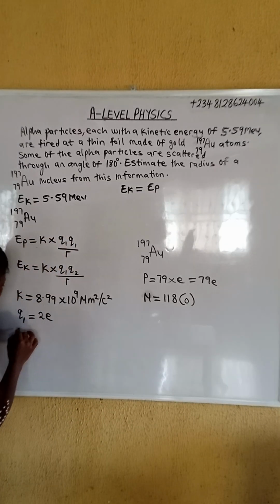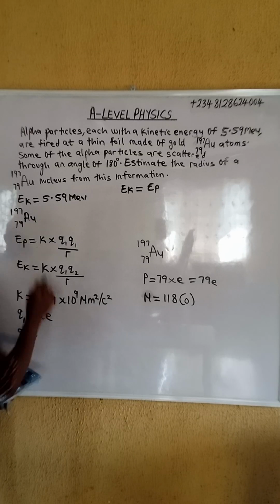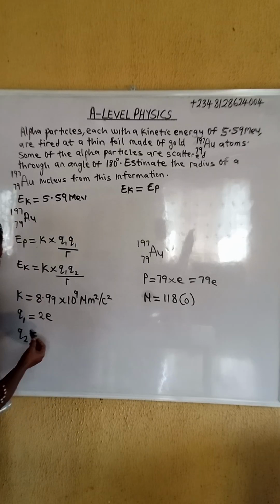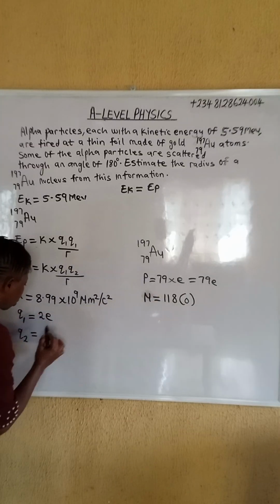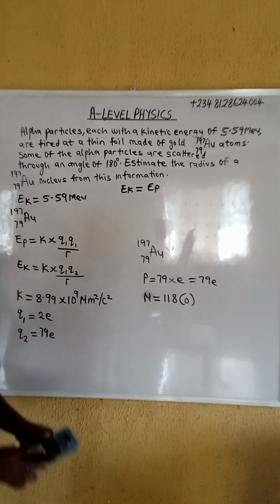So Q2, the charge of the gold nucleus, is equal to 79e. So let's proceed.